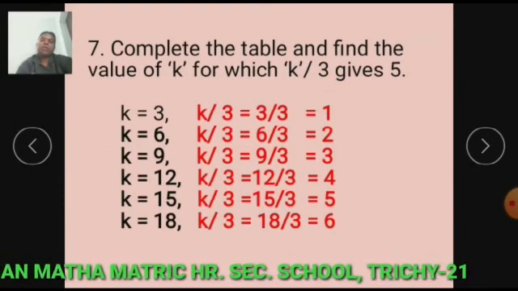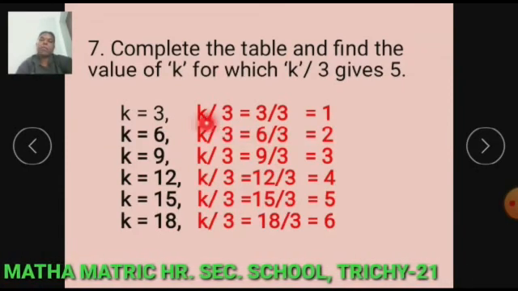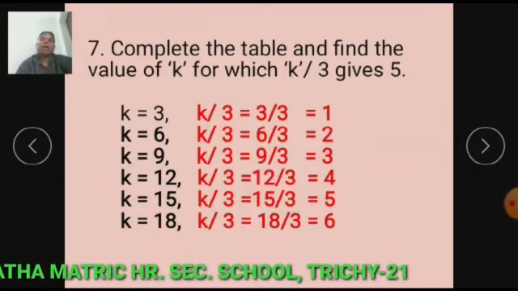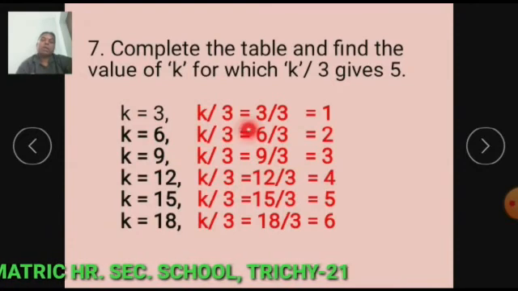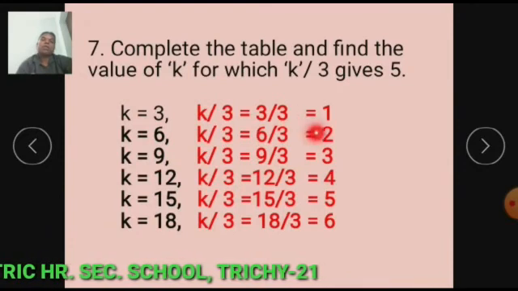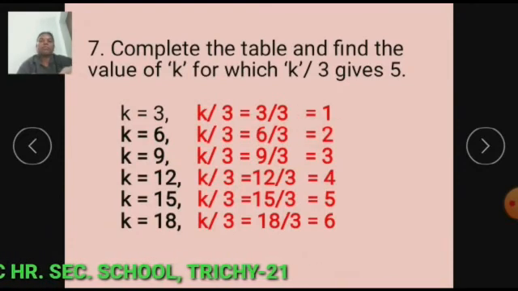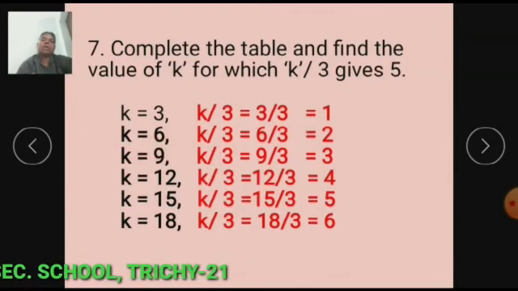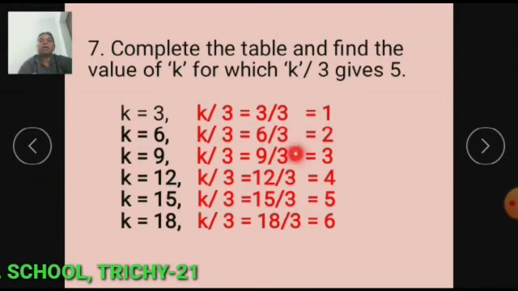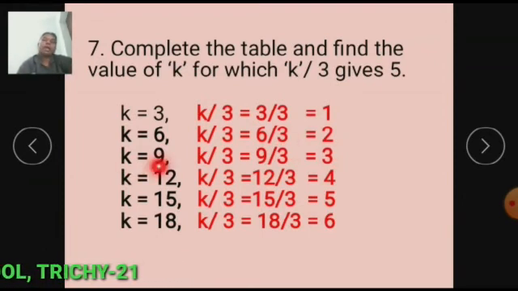By using the k values, we find k by 3. k equals 3. k by 3 equals 3 by 3 equals 1. k equals 6 means k by 3 equals 6 by 3. We get 2. k equals 9. k by 3 equals 9 by 3. We get 3.